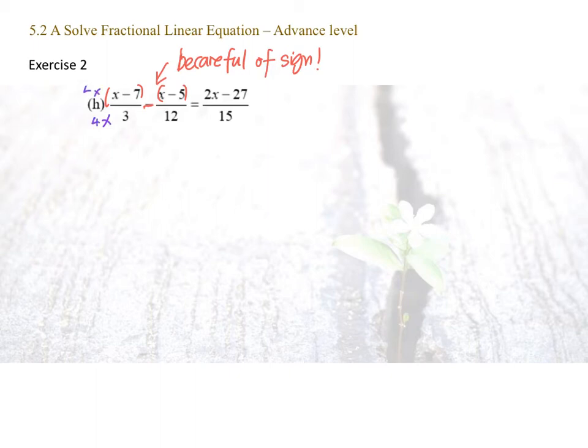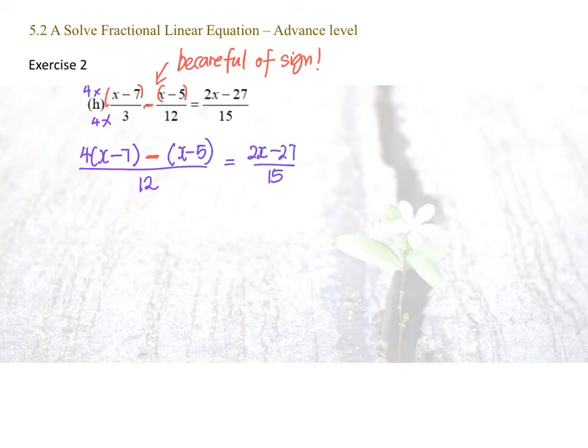So the LCM will be 12. So multiplying by 4 to the first number, I'll have 4 bracket x minus 7, subtract x minus 5. And this is 2x minus 27 over 15.